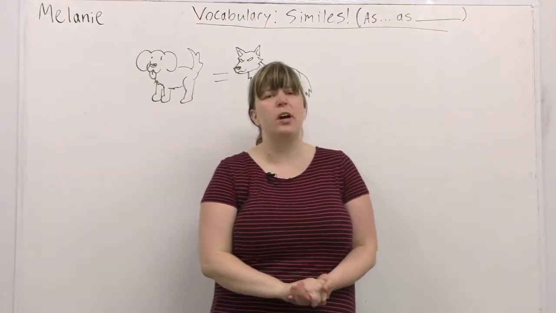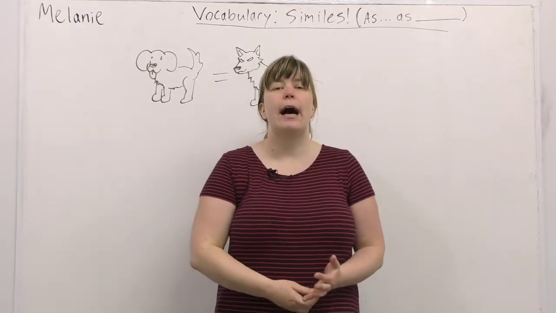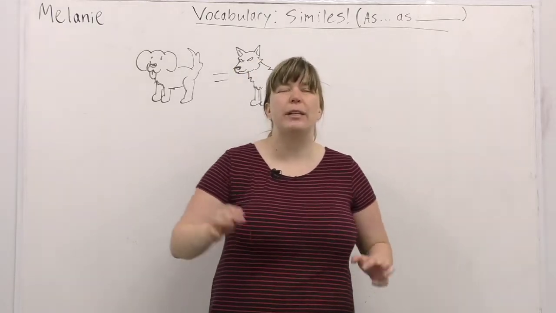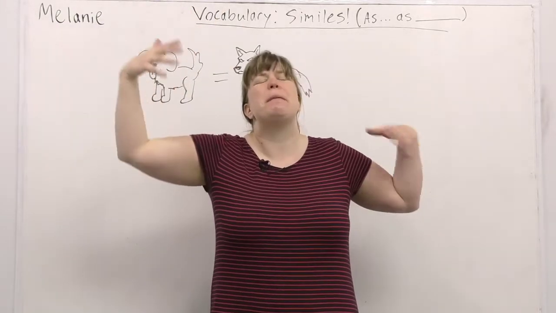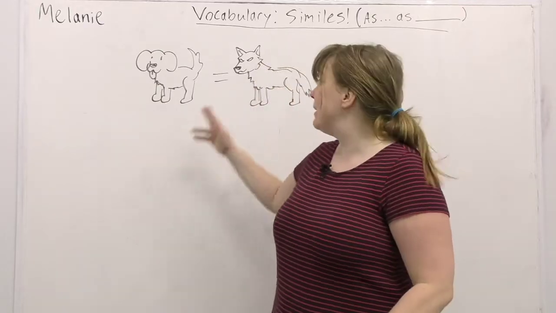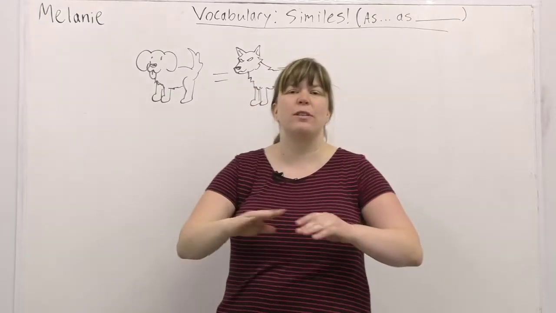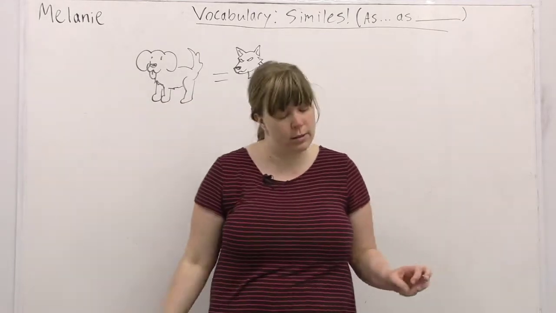Similes are quite similar to comparatives, except you're not really comparing one thing to being bigger or stronger than something, but you're making a statement that says two things are equal.